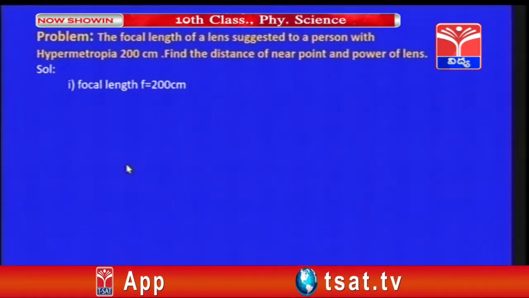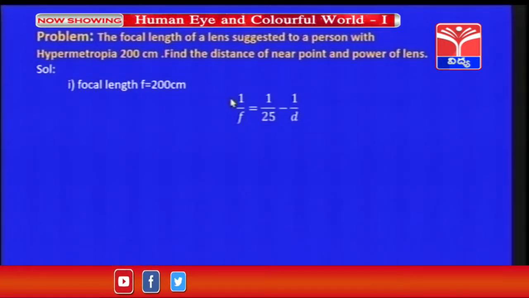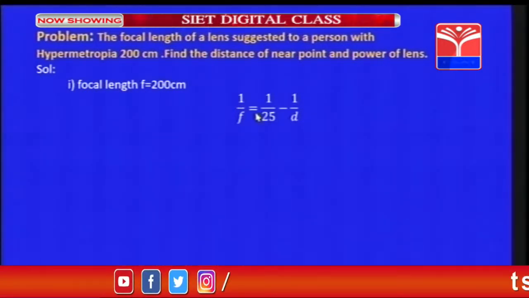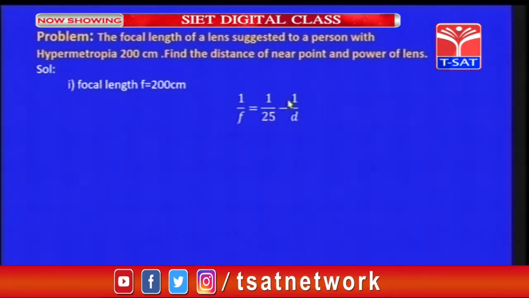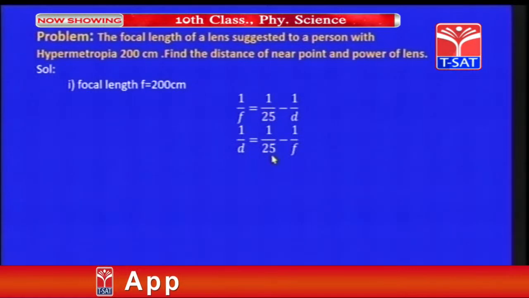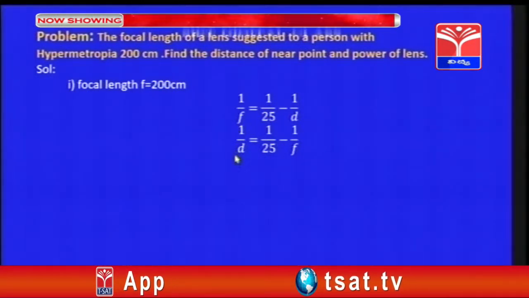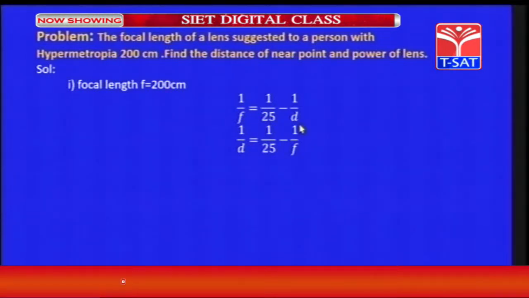We have the formula for the focal length of the lens of a hypermetropic person, that is 1 by F equal to 1 by 25 minus 1 by D. So 1 by D equal to 1 by 25 minus 1 by F, interchanging the parameters.